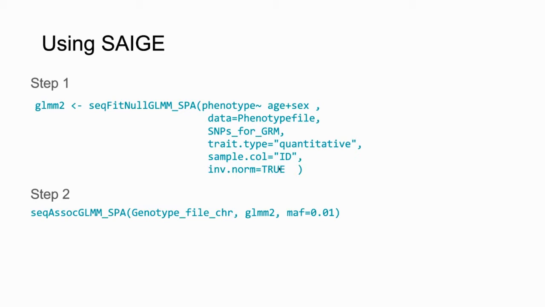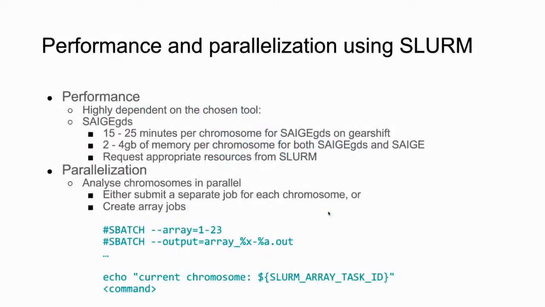It's recommended that you conserve the inverse normal transformation if you're handling a quantitative trait. And for step 2, you just take the result from this, and you have the option to do the association only on the SNPs with certain filters for information score or for minor allele frequency.